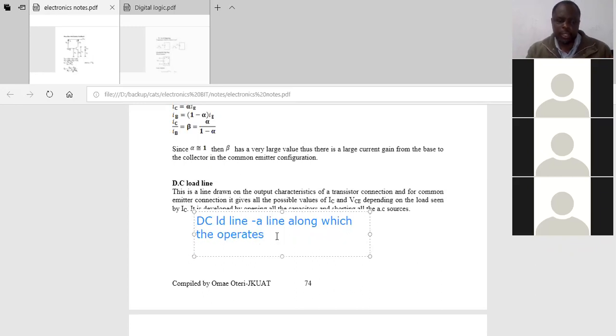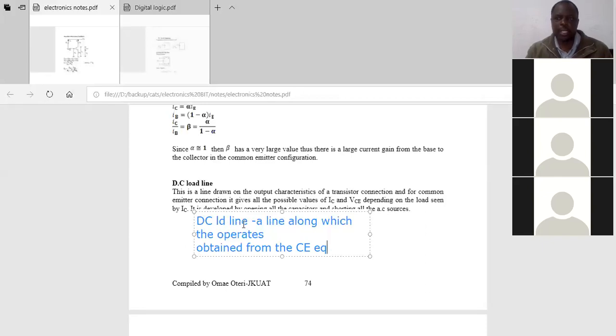And it's obtained from the collector emitter equation, which we had just handled. That's where we get that line from.